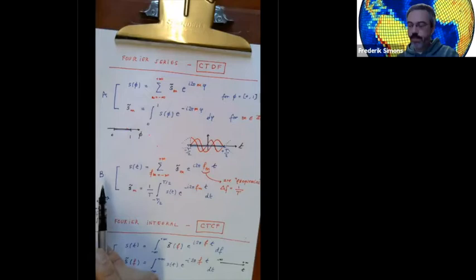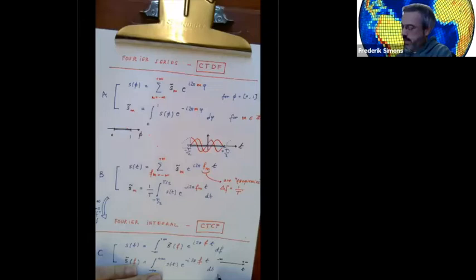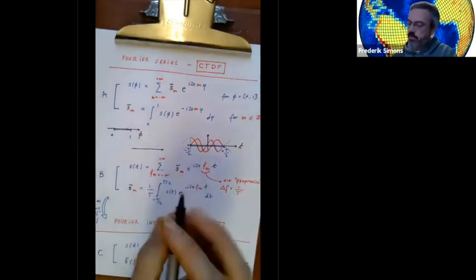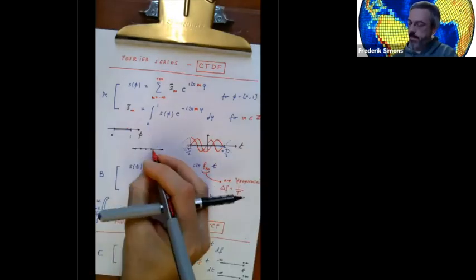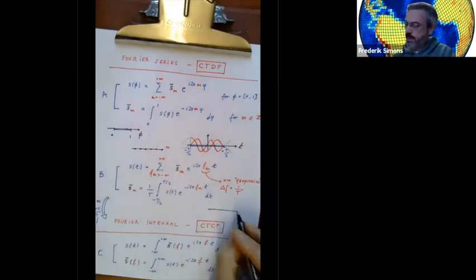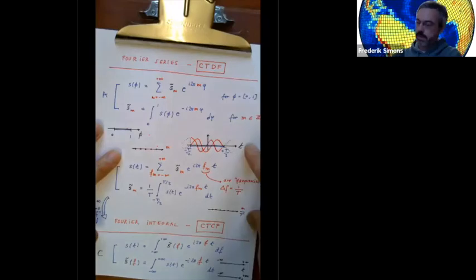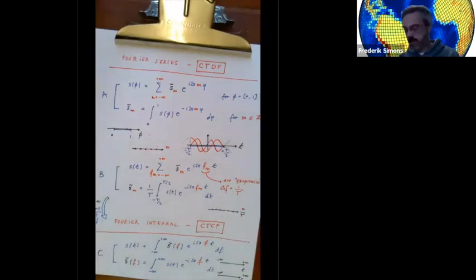And in C, there is a frequency axis that is continuous, that also goes from negative infinity to plus infinity. Whereas in A and B, the frequencies are points. Here is M, and then out of space, and here would have been M over t. Okay, so these two pictures go with A, these two pictures go with B, and these two axes go with C. Let that sink in.